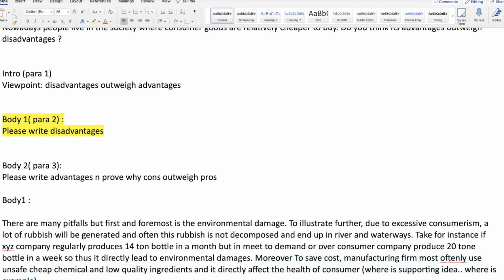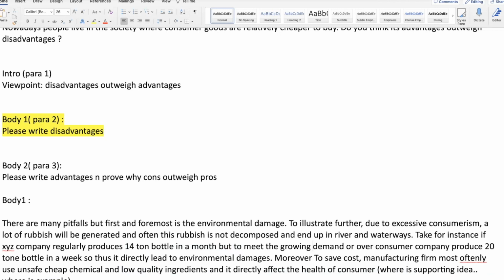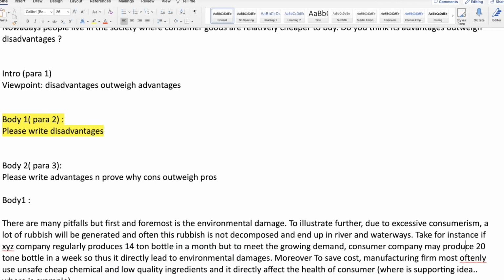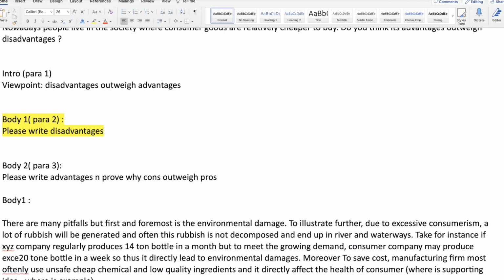And this part, I'm sorry, I'm not able to understand. In meeting the demand, something you're about to write, they produce 20 ton. Okay, okay, I got you. They produce 14 ton, but to meet the growing demand, consumer company may produce excess.